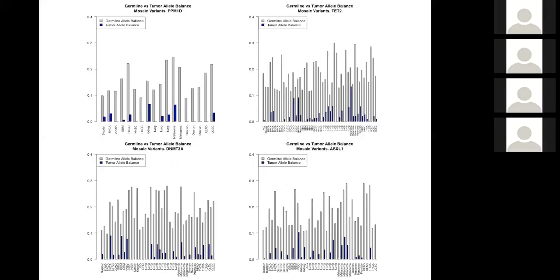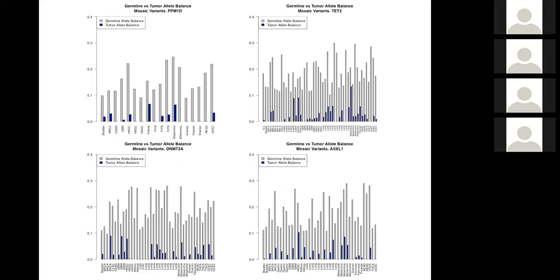What you see on each plot is that each bar is representing a single sample. If you look at the PPM1D plot, which is the top left, this bar is a single individual having bladder cancer, the gray bar is the fraction of the alternative reads in blood DNA, and the blue bar is the fraction of the alternative reads in tumor DNA.